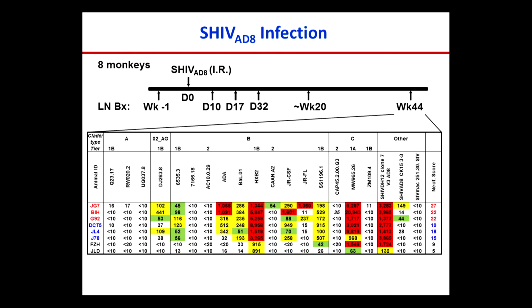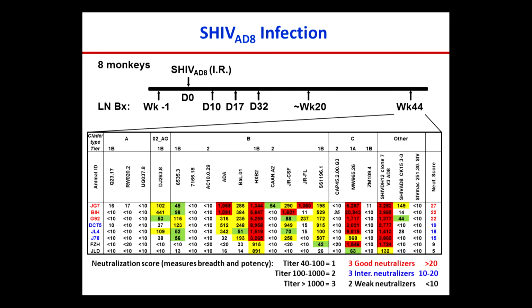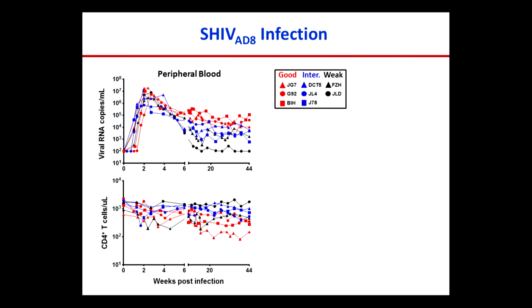What you can see is three of the monkeys are shown in red, and will be throughout the rest of the talk, as having the strongest and broadest neutralization. The ones in blue have lower neutralization, and the ones in black have weak neutralization. So the first thing we asked is what was associated with broad neutralization.